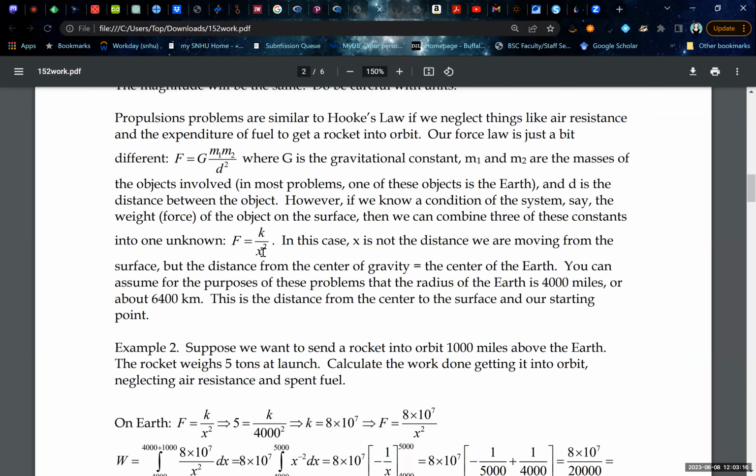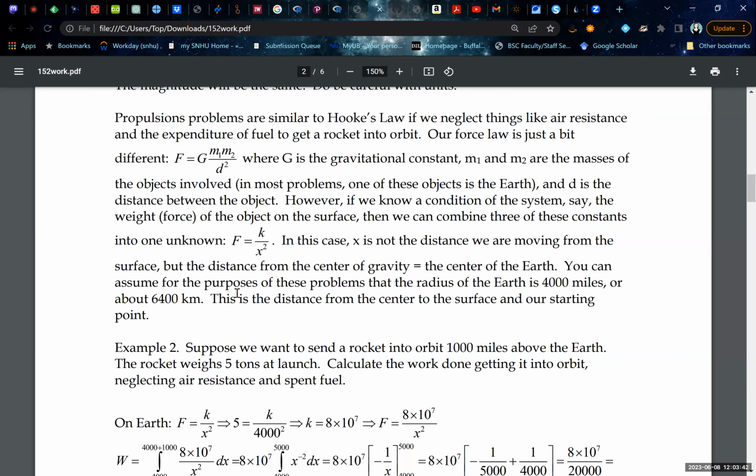Now, one difference that you do have to account for is the fact that when you launch a rocket, you are launching it from the surface of the Earth, and the distance is measured from the center of gravity, which is not the surface of the Earth, it's the center of the Earth. So you're not starting from zero, you're starting from the surface of the Earth.